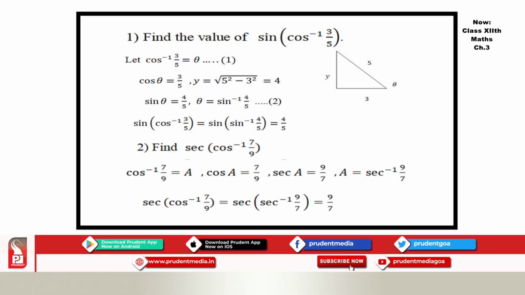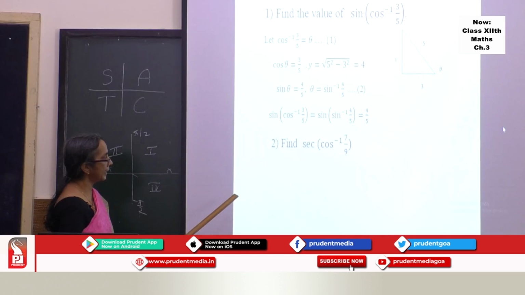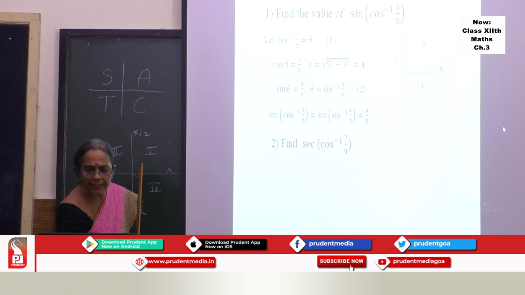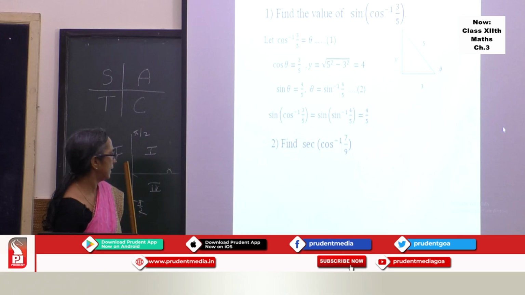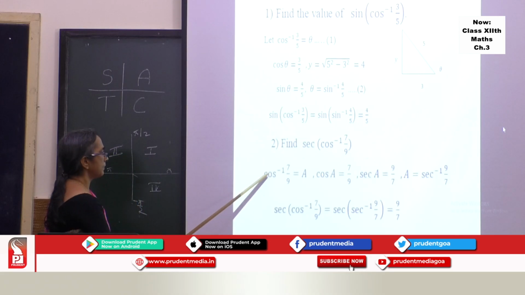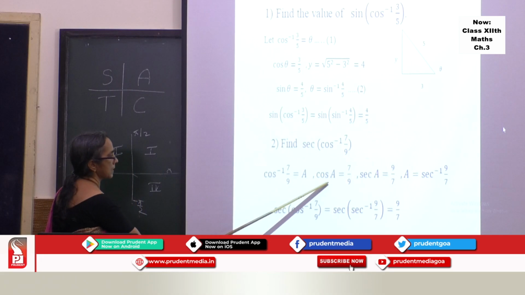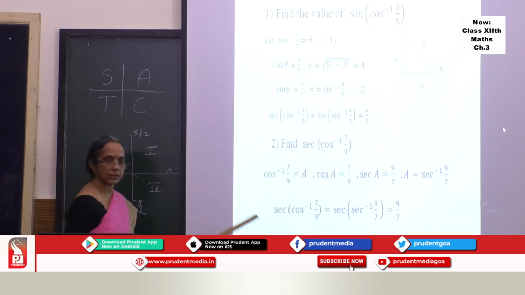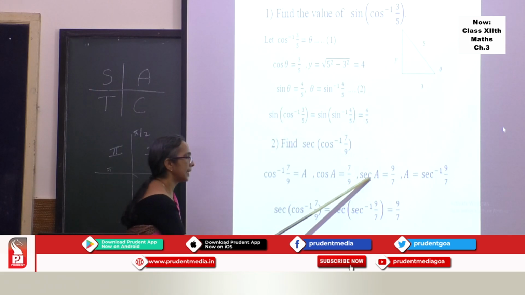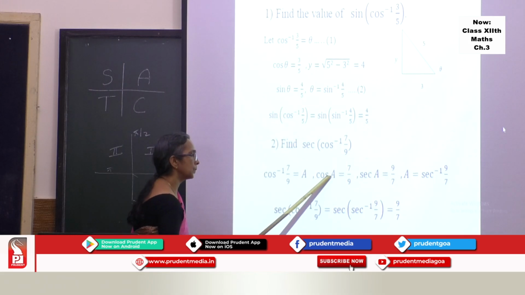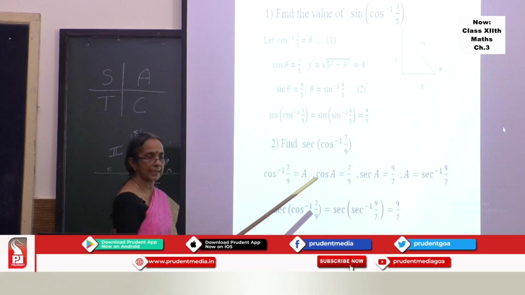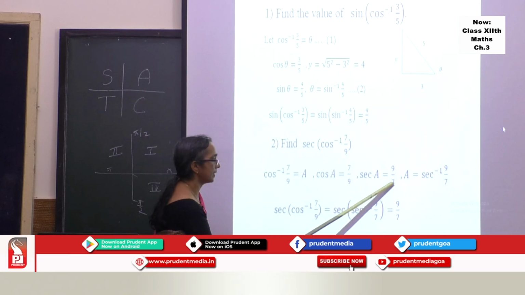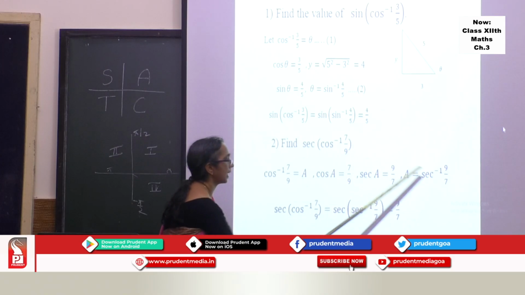One more example, find sec of cot inverse of 7 by 9. Here, without taking a triangle you can write, because cos A is 7 by 9. If you take a triangle like this, you will get the same answer. Sec A is, because you know the relation between cos A and sec A, 9 by 7. Therefore, A is sec inverse of 9 by 7.